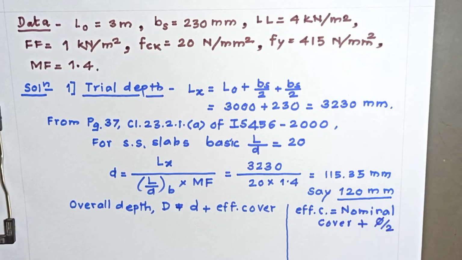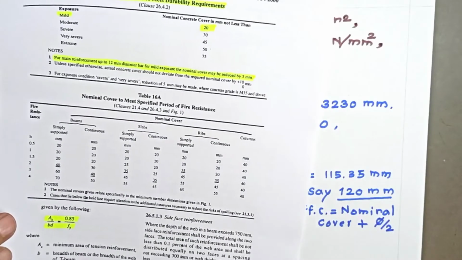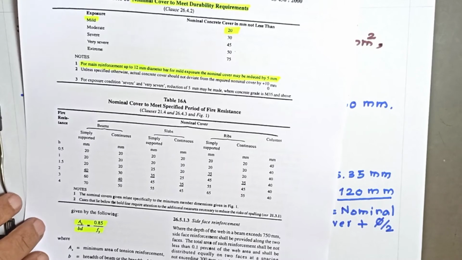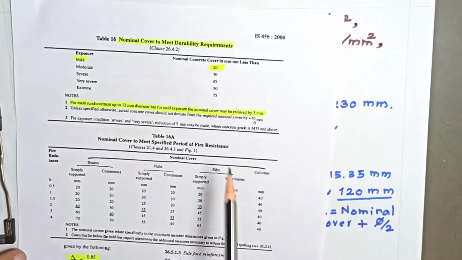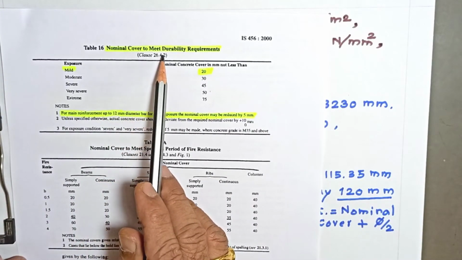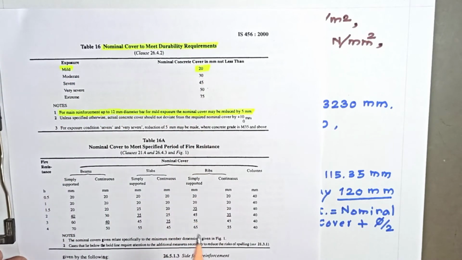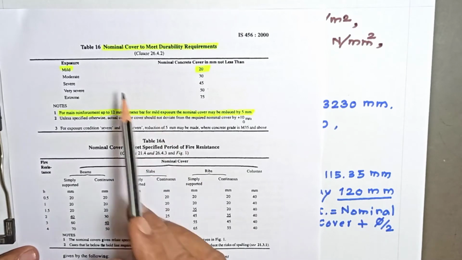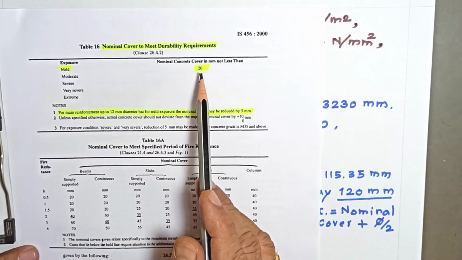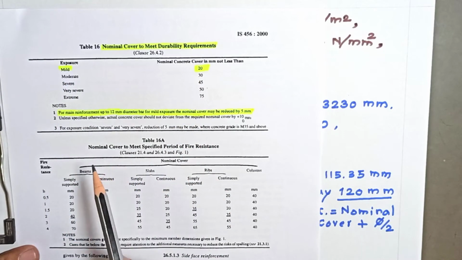Now for nominal cover, again we will see page number 47 of IS 456-2000. Nominal cover to meet durability requirements for mild exposure is 20 mm. Nothing is given in the problem about the type of exposure, so let us assume it as mild. So for mild exposure, minimum nominal cover is 20 mm.